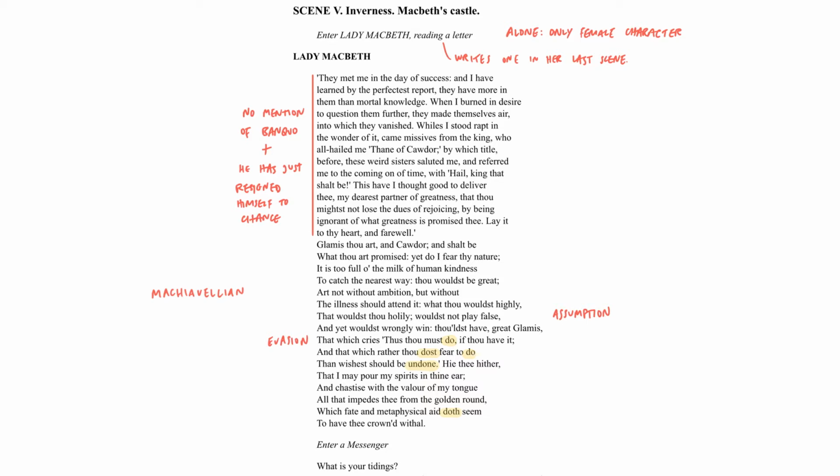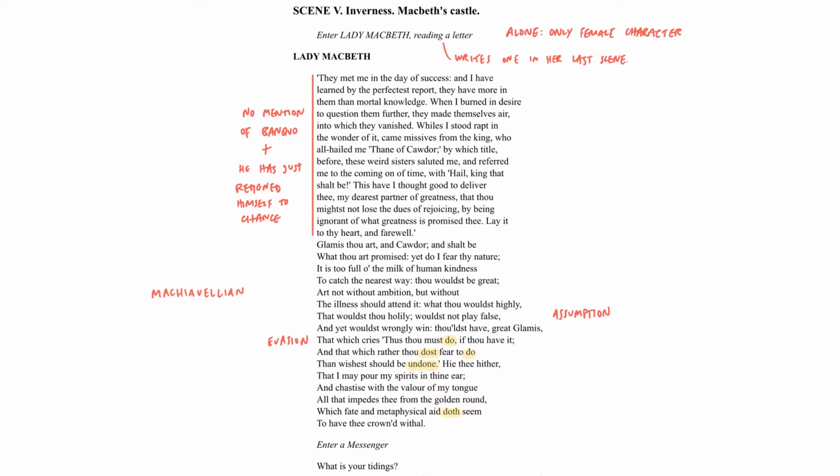So implicit through all these different criticisms of him is that they want the same thing, but only she is willing to take the means necessary to get there. Macbeth wants the outcome, but doesn't want to get there the way she thinks he should.